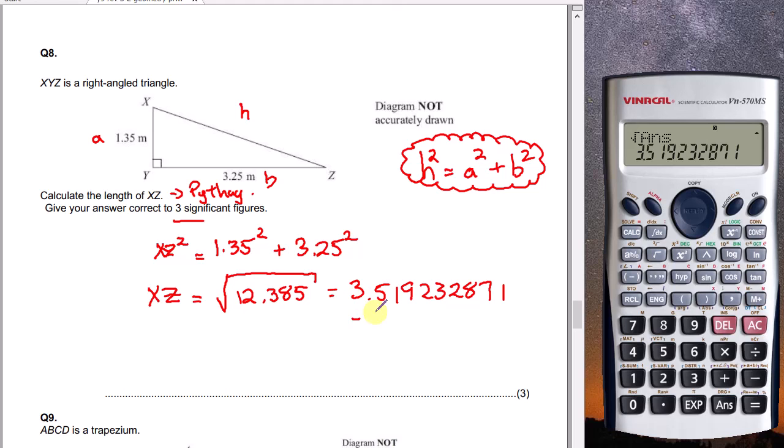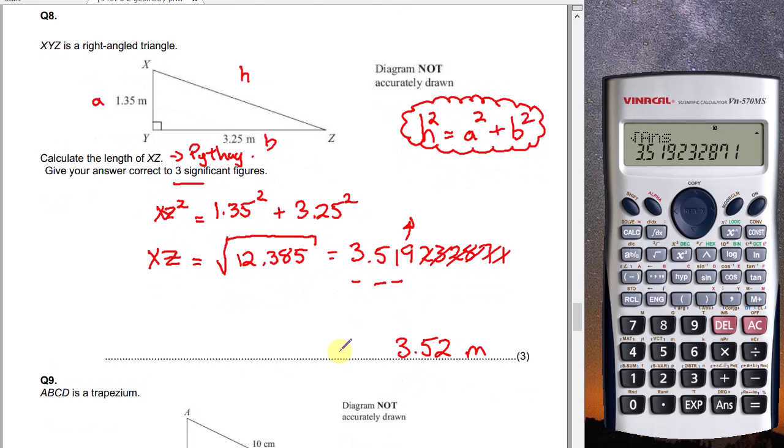That's not 0. 1, 2, 3. What does the next place say? 9 goes up, and ignore all the other digits. So we get 3.5. 1 rounds up to 2. Units are meters. You might get 1 mark for meters and 3 significant figures.